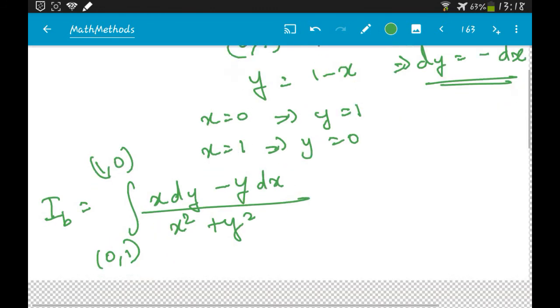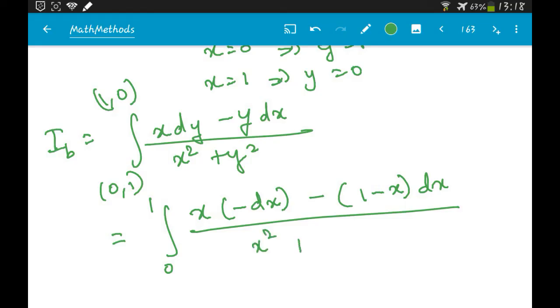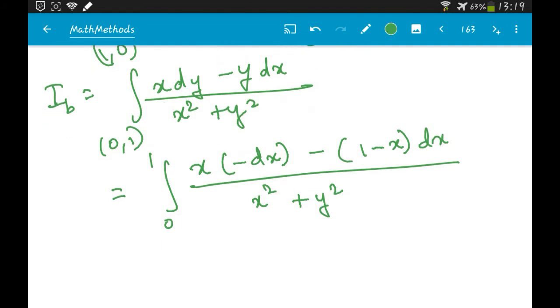And x goes from 0 to 1. So this integral is the integral from 0 to 1 of x into minus dx minus 1 minus x into dx by x square plus y square.